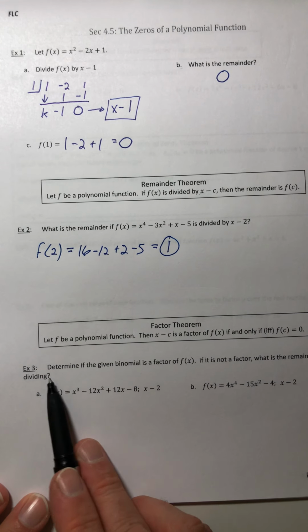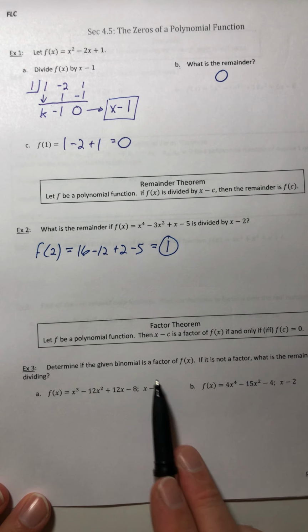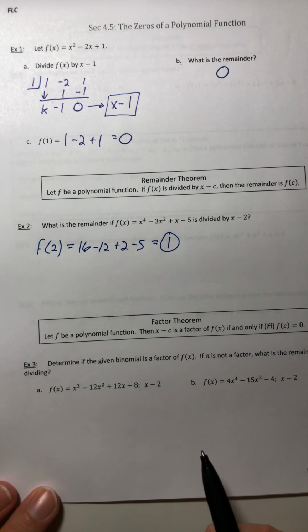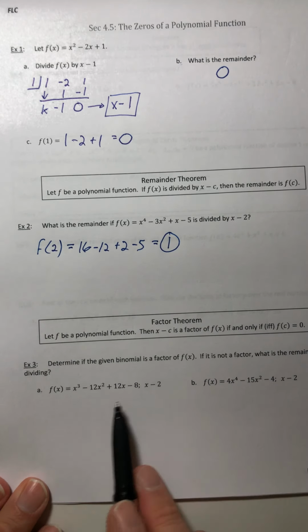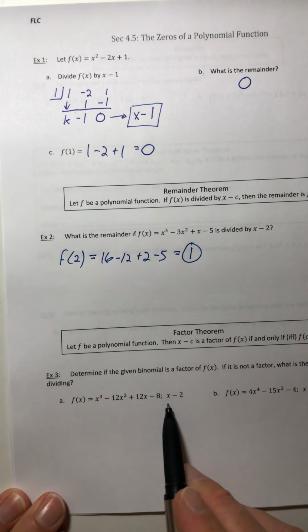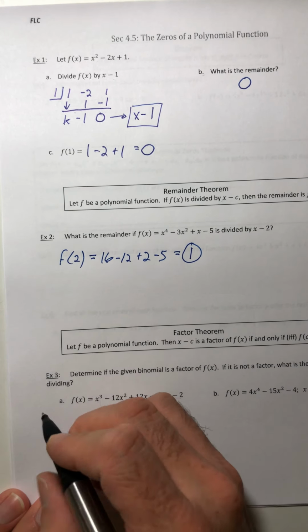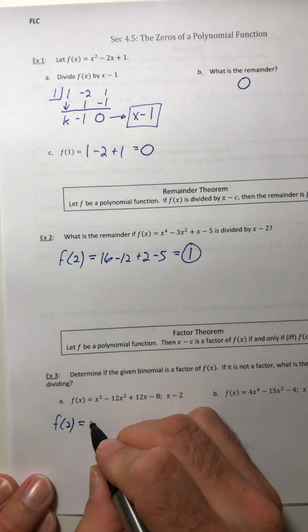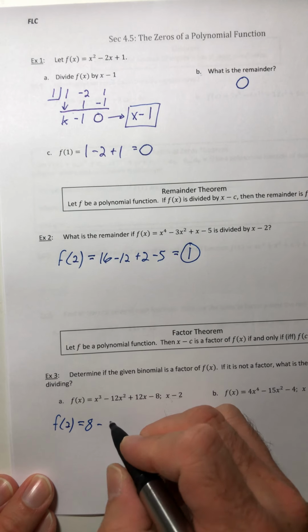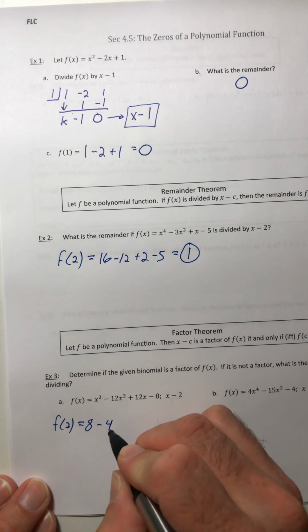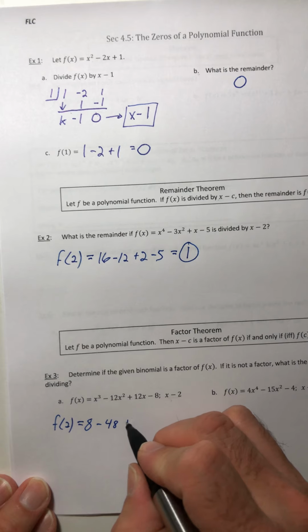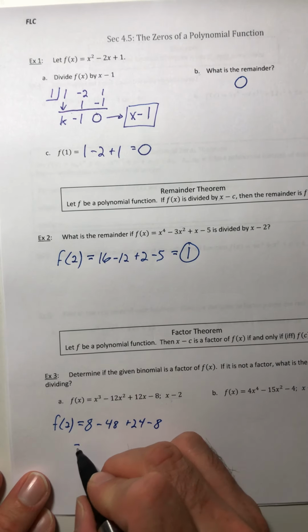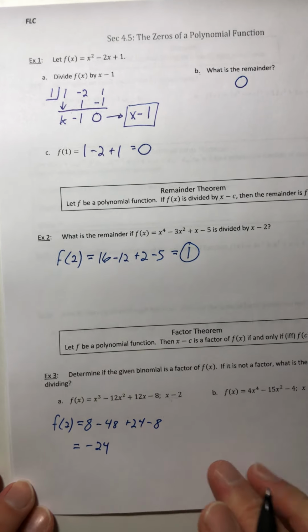Okay, so example 3. Determine if the given binomial is a factor of f of x, and if it's not, what is the remainder after dividing? Okay, so we're going to start it out just the same way as example 2. Plug in what makes this thing 0 into the polynomial. So that'd be 8 minus 48 plus 24 minus 8, and that equals negative 24.